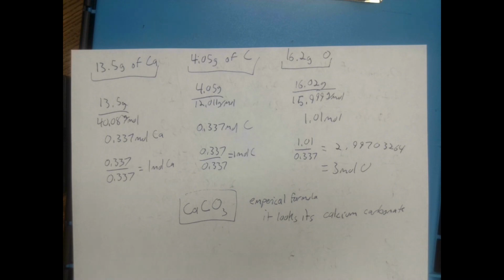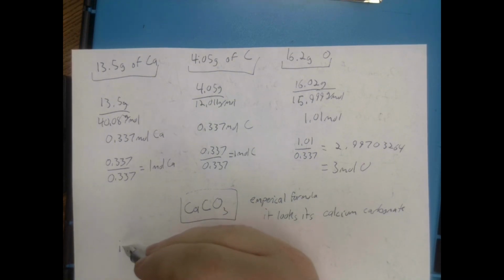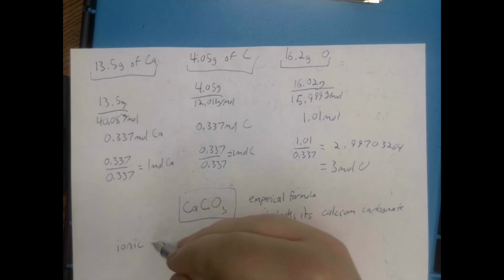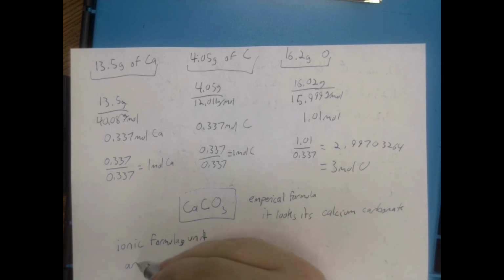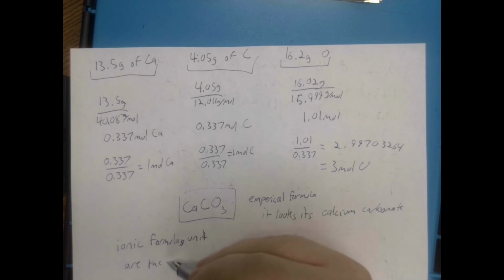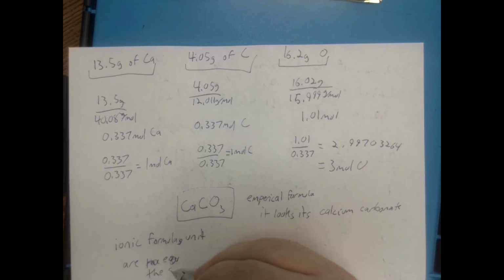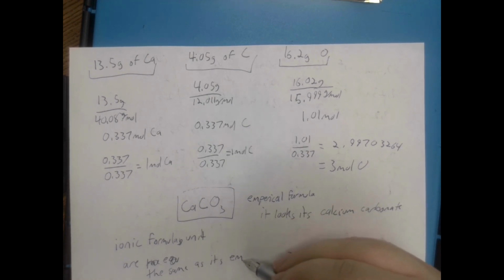We do know, however, that most ionic formulas, so I will write this, most ionic formula units, are equal to the empirical formula, or are the same as its empirical formula.